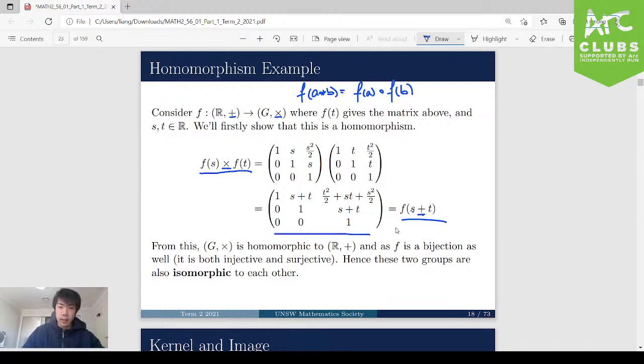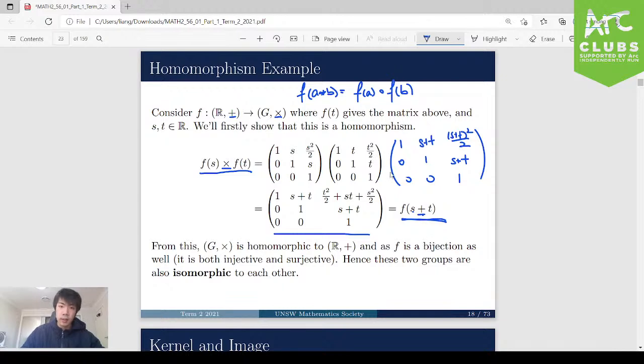Why is this matrix here equal to this? Well, around the side here, this matrix here, f of s plus t, would be the same as if I replace all these s's here with s plus t instead. Like this, right? Again, it's just replacing all of these s's or these t's here with s plus t instead.